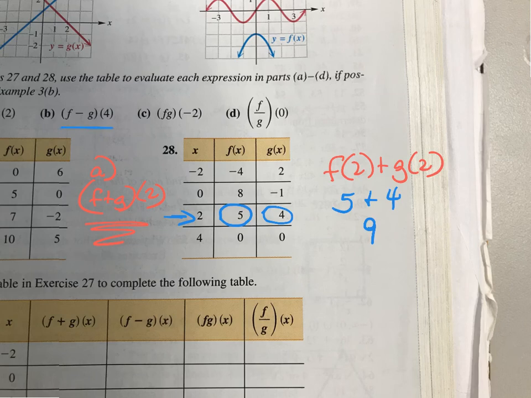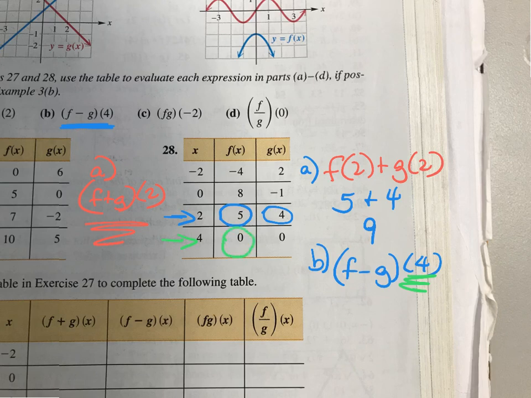So this is A. For part B, where it's f minus g when x equals 4, we're going to come over here to the 4. For the f answer, it's 0. For the g answer, it's 0. When I subtract 0 minus 0, I get 0.